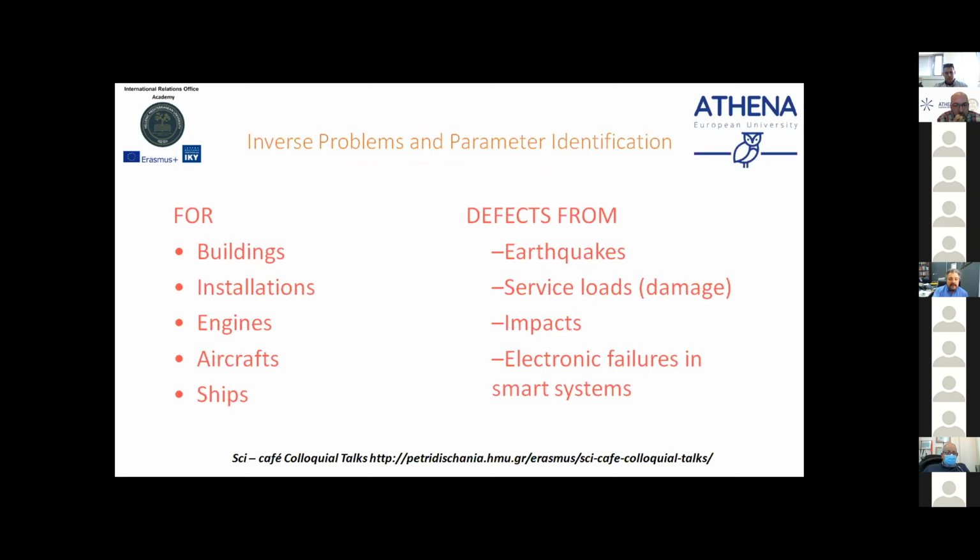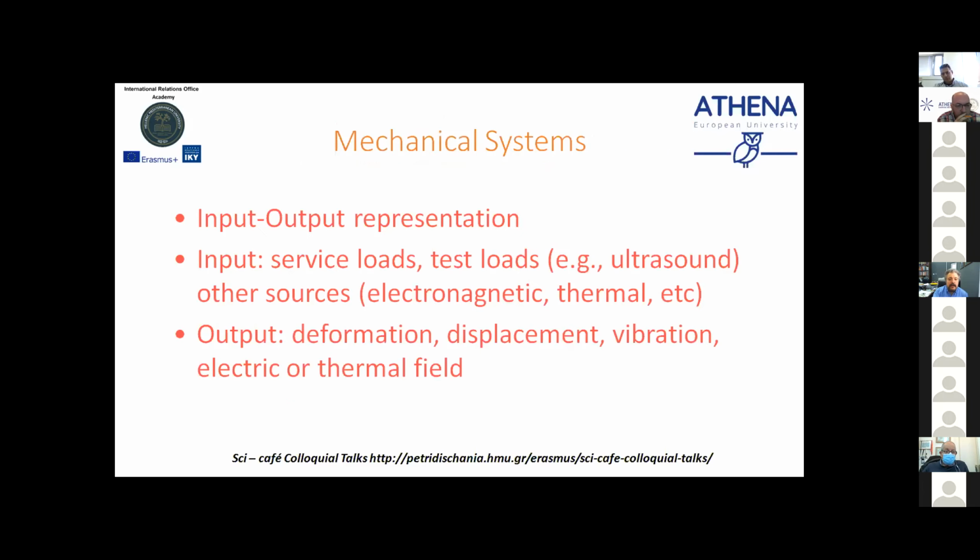Well, why is this important? Structural health monitoring in buildings, engines, etc., and defects coming from the usage of these structures, earthquakes, impacts, etc. Well, the input-output relation.